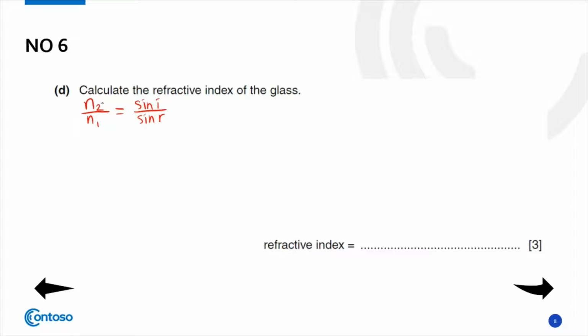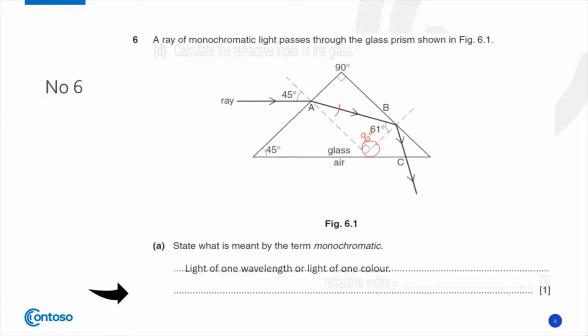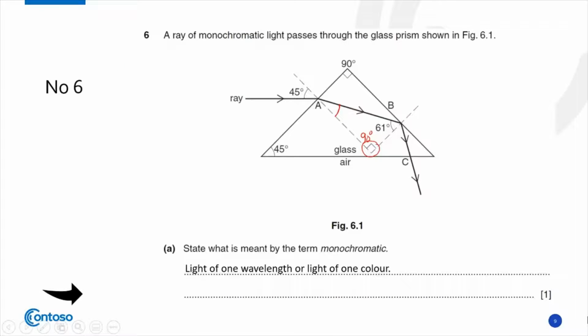To know the values of each quantity, we have to go back to figure 6.1. In figure 6.1, we can see that the ray of light comes from the air into the glass prism. So now the air becomes the first medium, while the glass prism becomes the second medium.